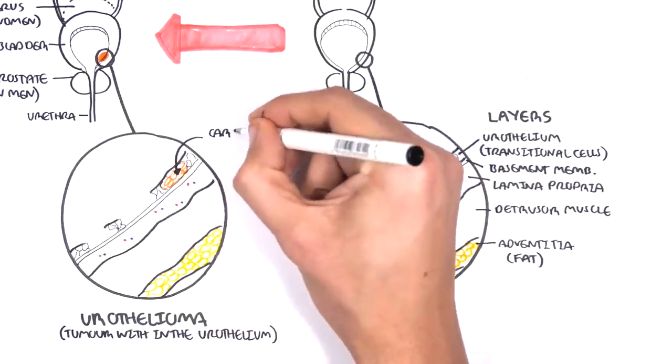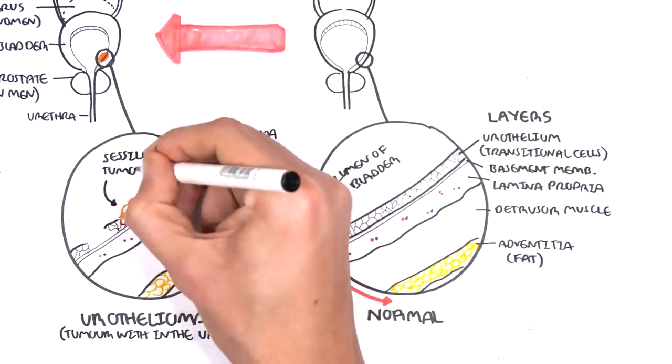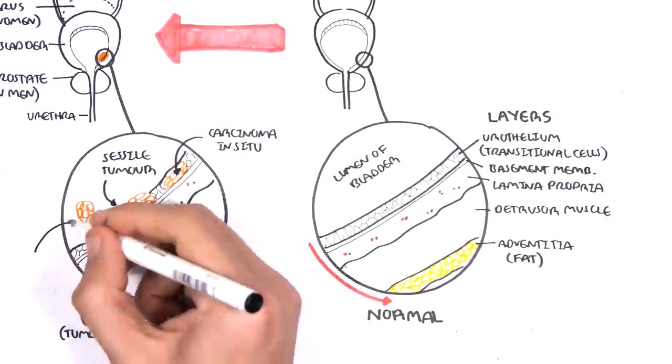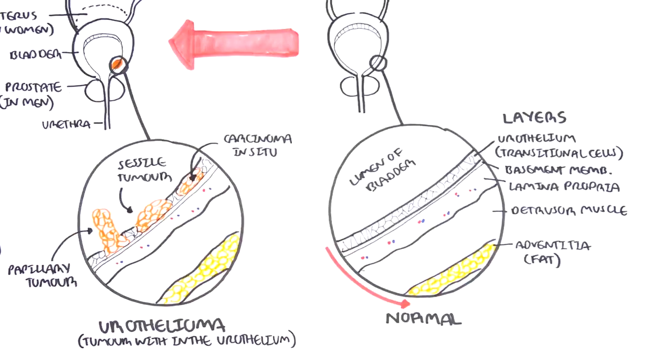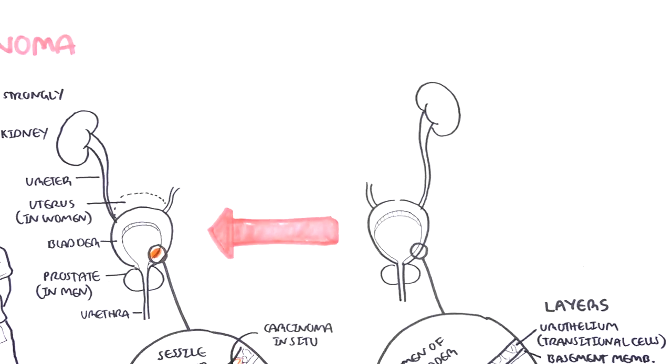There's carcinoma in situ, which is essentially carcinoma confined to that layer. You have sessile tumors or papillary tumors which project out. These tumors can then keep growing and grow deeper and penetrate the other layers under it. This is where it becomes dangerous.